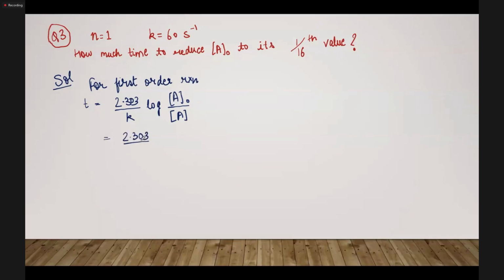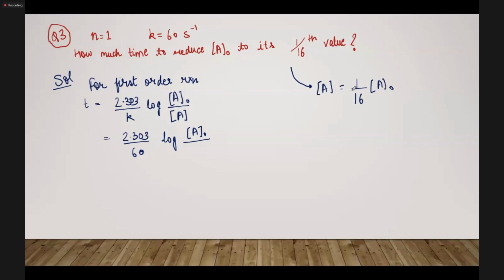2.303 by k, which is already given, 60 per second, log. You keep A naught as it is. Now, according to this statement, the final concentration is, because it is reducing to 1/16th of its value of the initial concentration, so it is basically 1/16th of A naught.